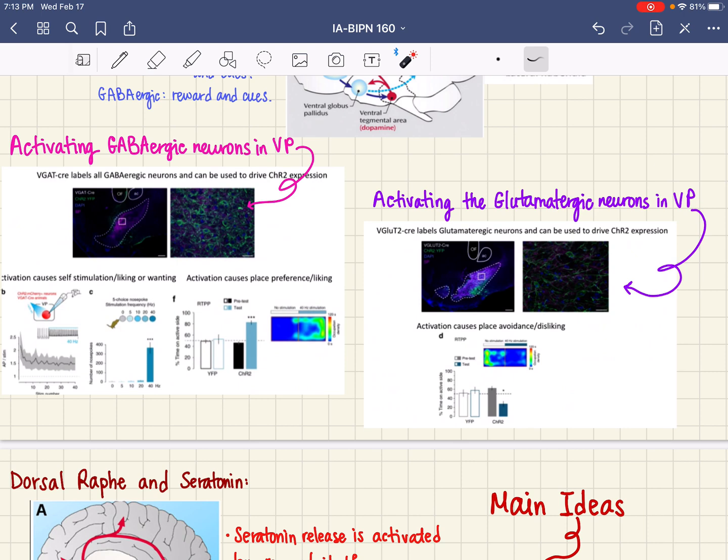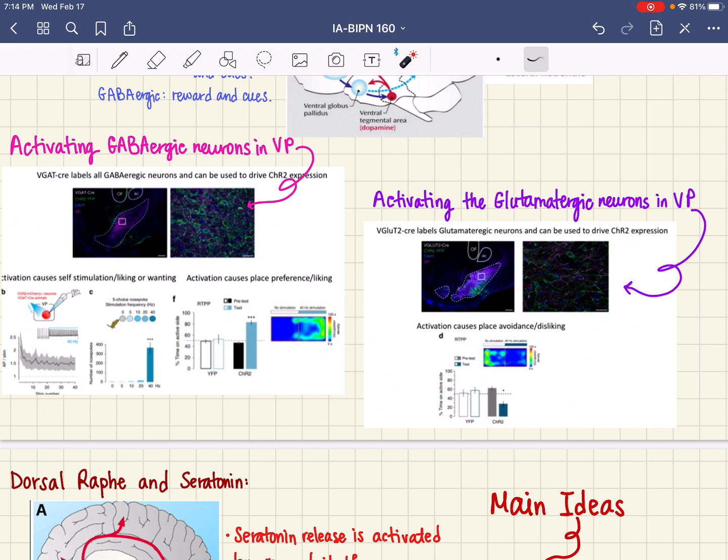So they would let the mouse free, and they realized that most of the time, by an overwhelmingly significant number, the mouse would prefer to stick its head in the hole that would have the highest frequency of light. And why is that? This tells us that the activation of the GABAergic neurons is something that the mouse likes, or else it wouldn't poke its head into that hole to get that activation.